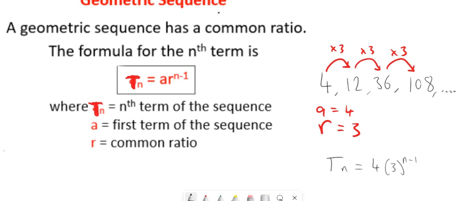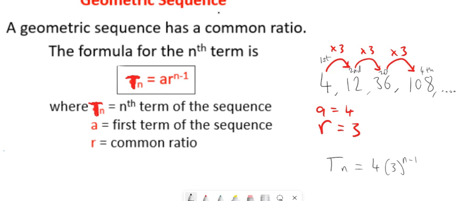If I want to find any term in that sequence, remember, that's the first term there: 4, second term is 12, third term is 36, fourth term is 108.